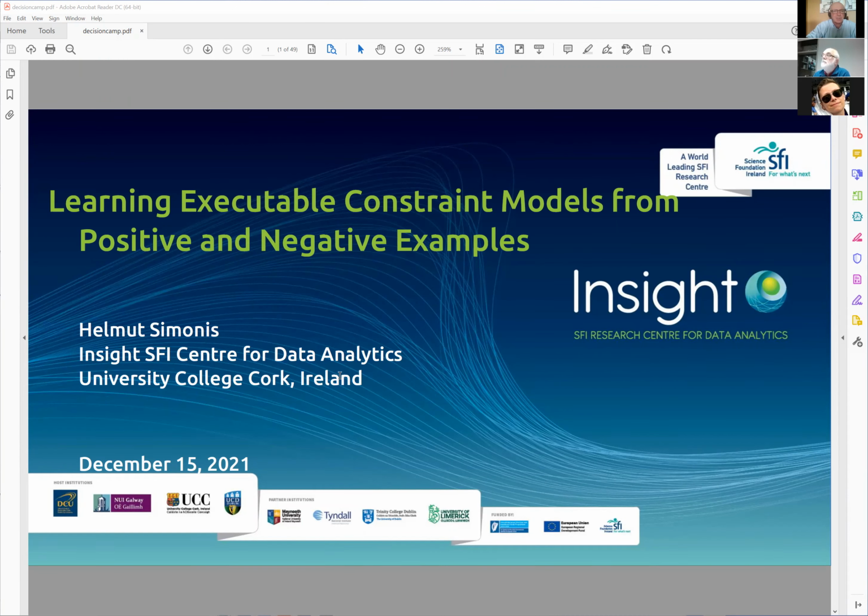This is the last session of this year, and I am proud to present Helmut Simonis, who is a well-known researcher and practical developer in the area of optimization and constraint programming in general.